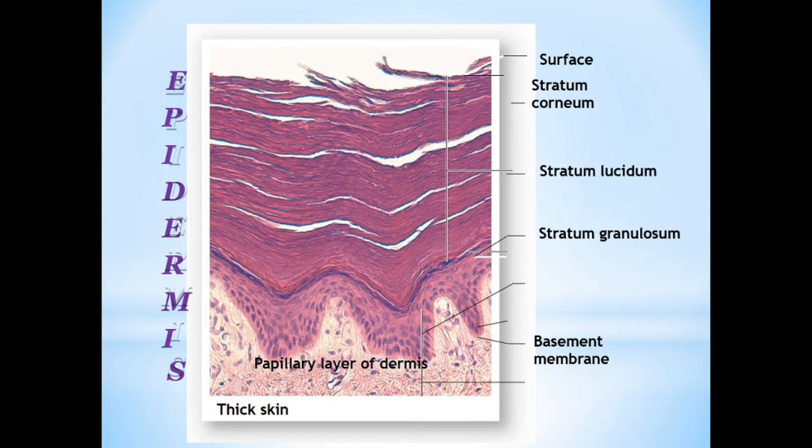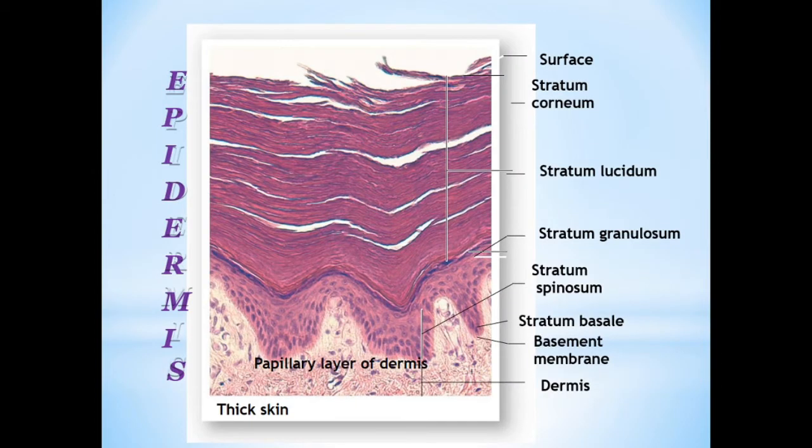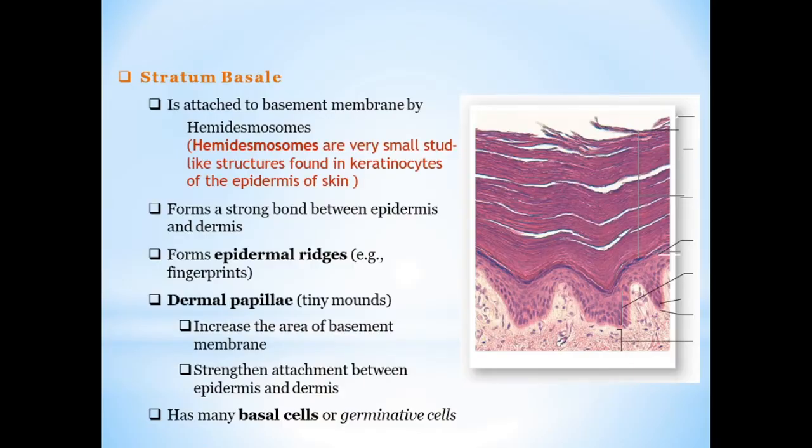Below that there is stratum granulosum, and stratum spinosum is present below the stratum granulosum. Stratum basale is present at the border of the basement membrane, and this is the basement membrane. This is the dermal layer. This is about the 5 strata present in the epidermis.